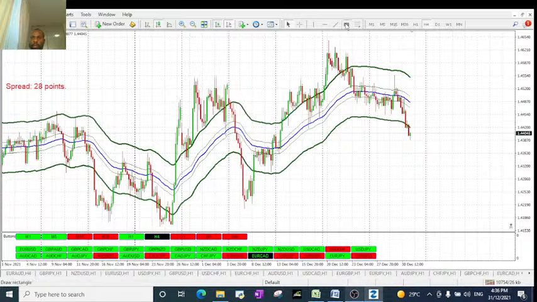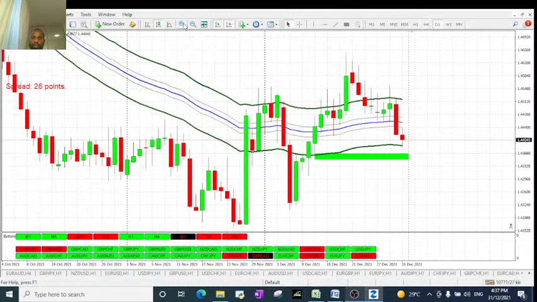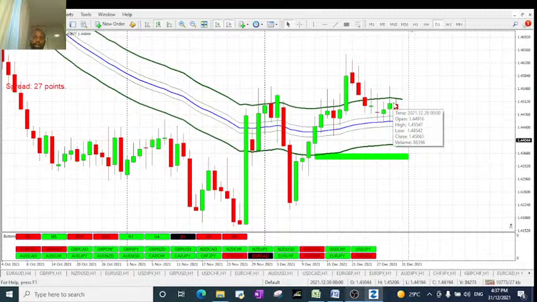Always watch your higher time frames. See where the major zones are. As you approach these zones, you have to be very careful. So yesterday was a strong sales day.